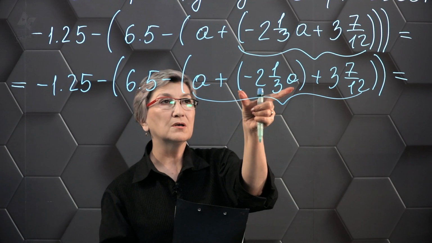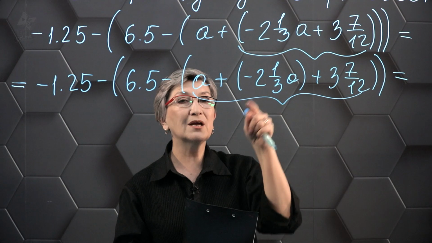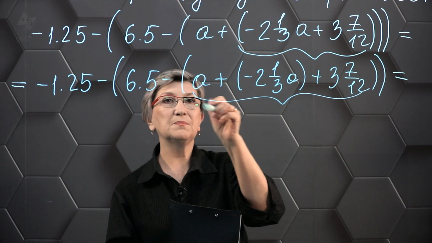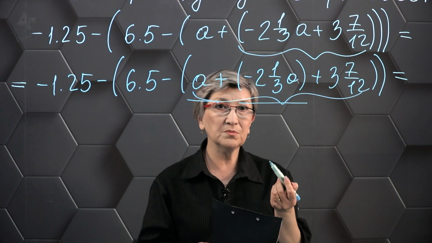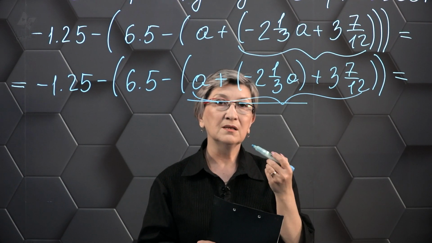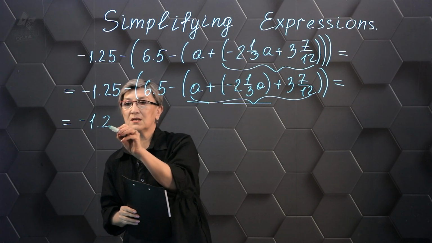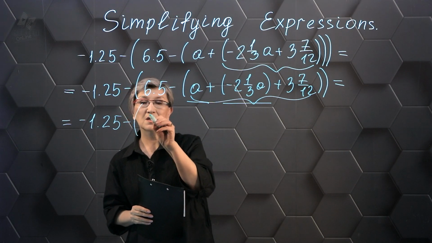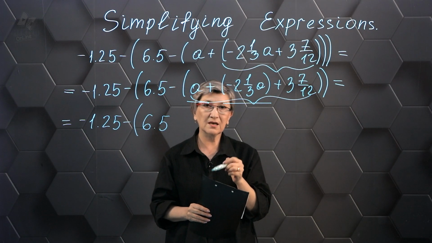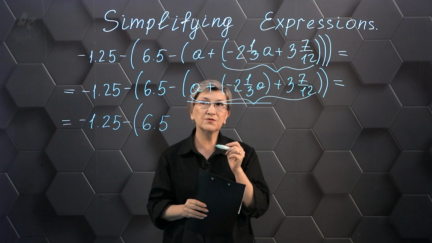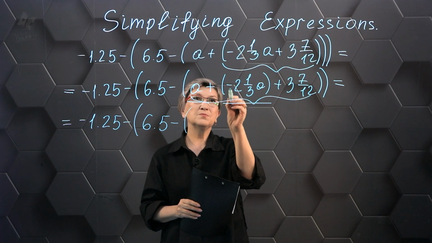Notice that I wrote the summand minus 2 1/3 a in parentheses because it's a negative number. And now a and minus 2 1/3 a are similar summands. I can find the sum of these summands. The result is minus 1 25/100 minus 6.5 minus. If you don't do the steps, you rewrite the numbers or letter expressions in the same form. Now, a plus minus 2 1/3 a.